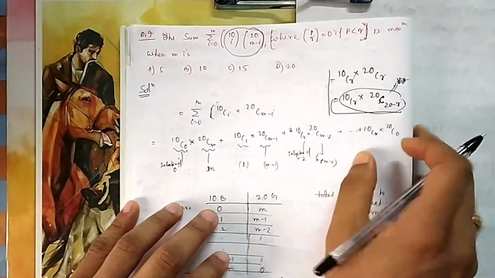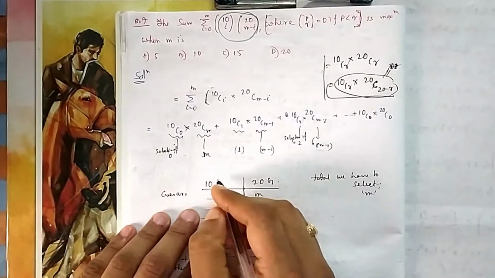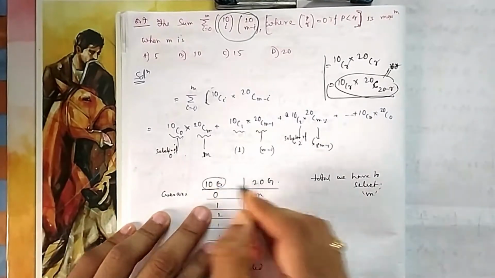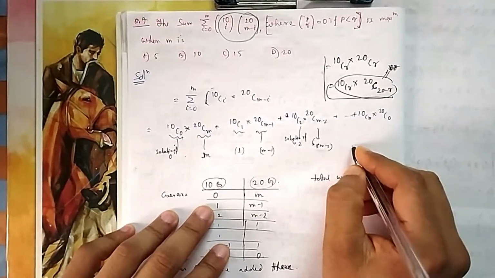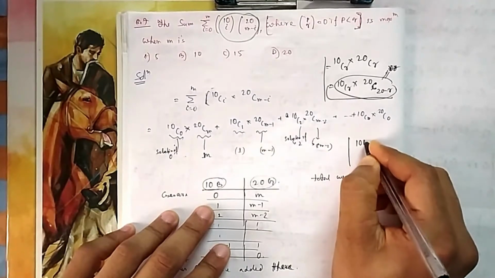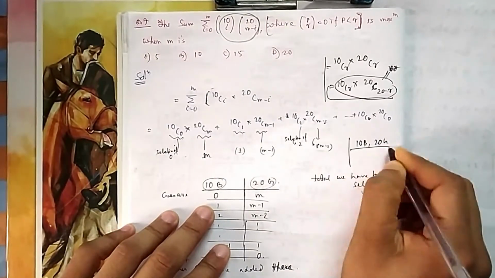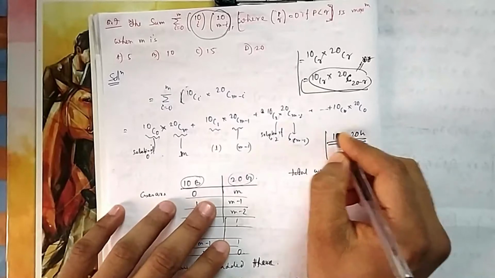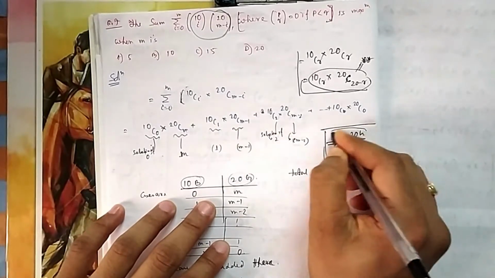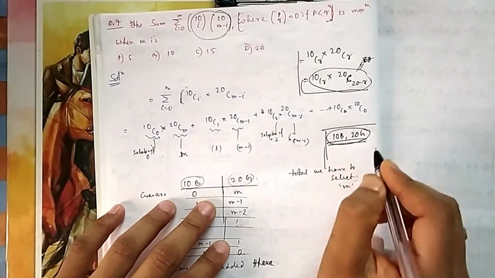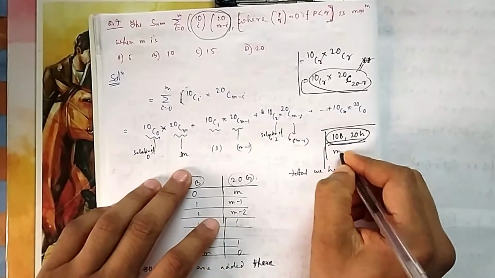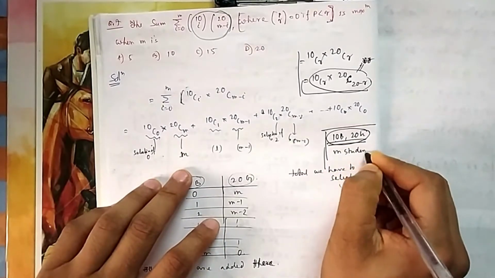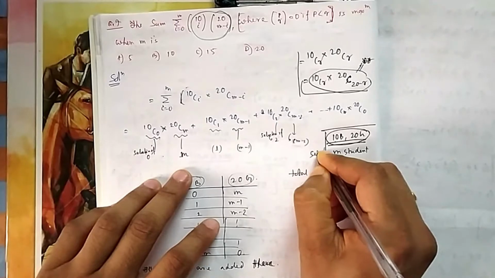Now, think of a situation. Suppose you have a class in which you have 10 boys and 20 girls. You have a class with 30 students, 10 boys and 20 girls, and you are asked to select m number of students.